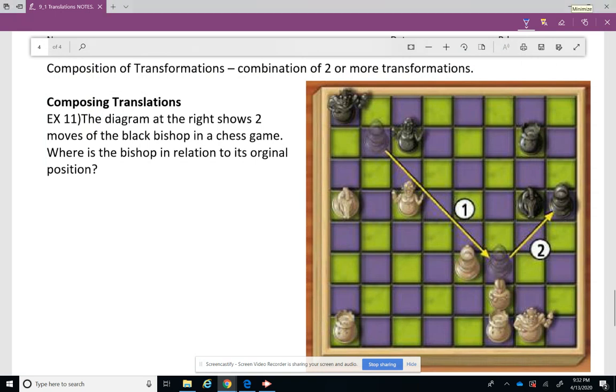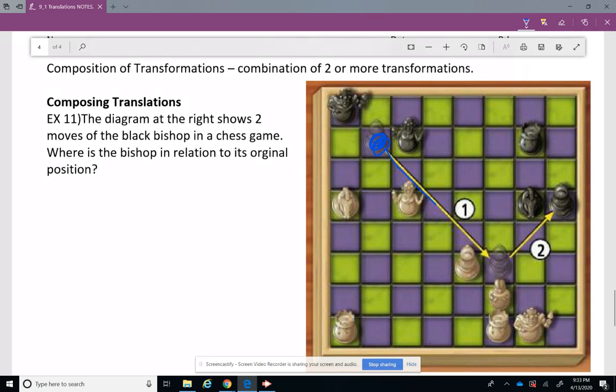All right, so now we're going to go back here to the composition of transformations, a combination of two or more transformations. In the diagram at the right, it shows two moves of the black bishop in a chess game. Where's the bishop in relation to its original position? All right, so first of all, its original position is right here.